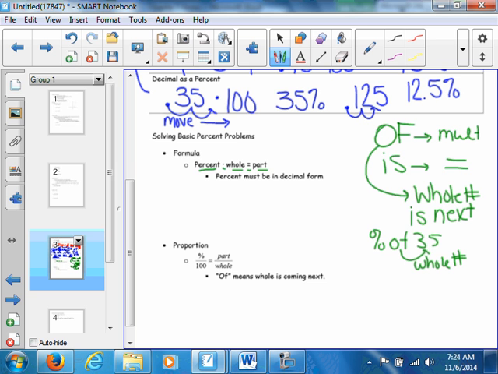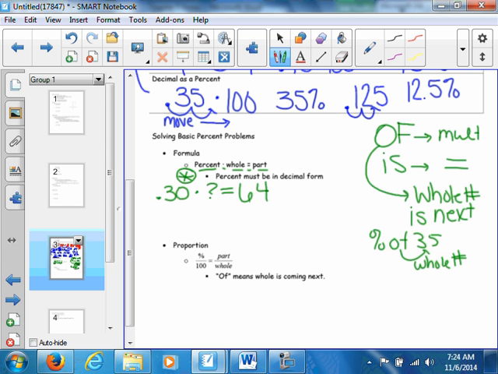So one other important key for this is your percent has to be in decimal form. So we need to turn 30% of what number is 64. So 30 is our percent, and I change that to a decimal, and it's 30 hundredths times of what number, I don't know, equals is 64.